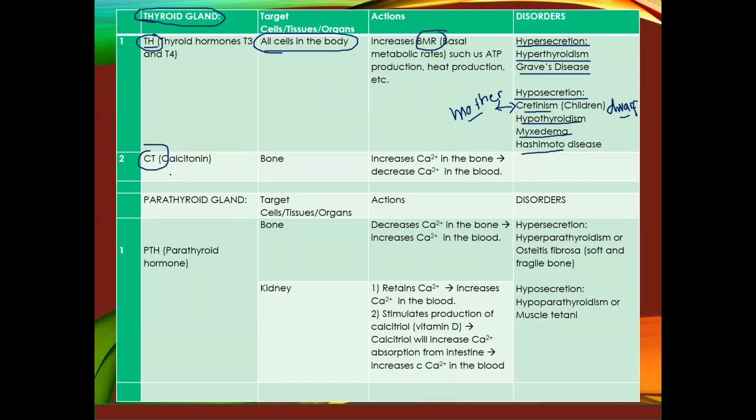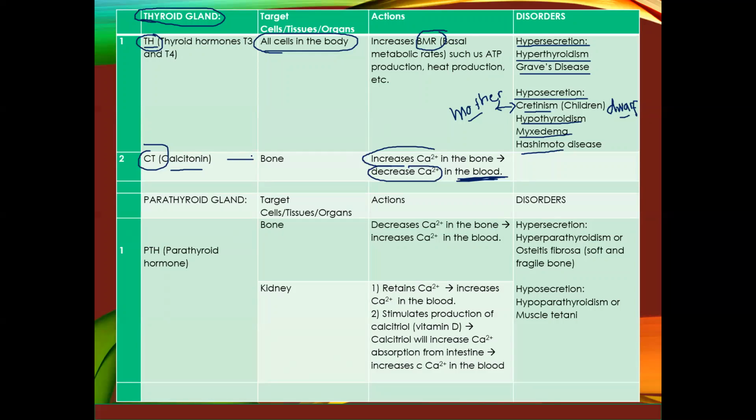The next hormone produced by the thyroid gland is called calcitonin. The main function is to decrease calcium in the blood. How does this calcitonin decrease calcium in the blood?